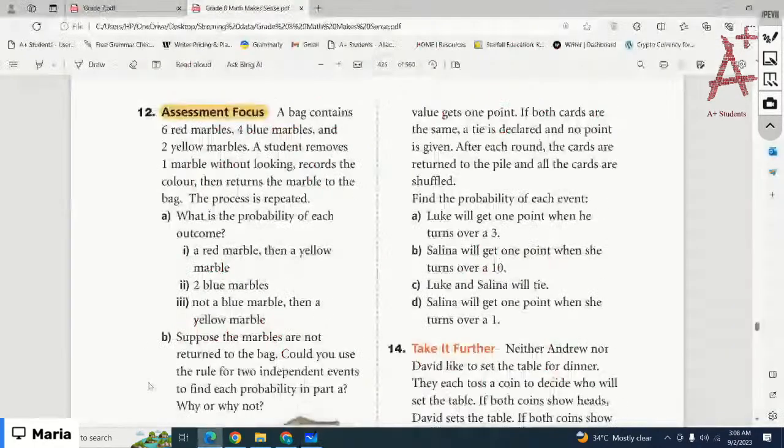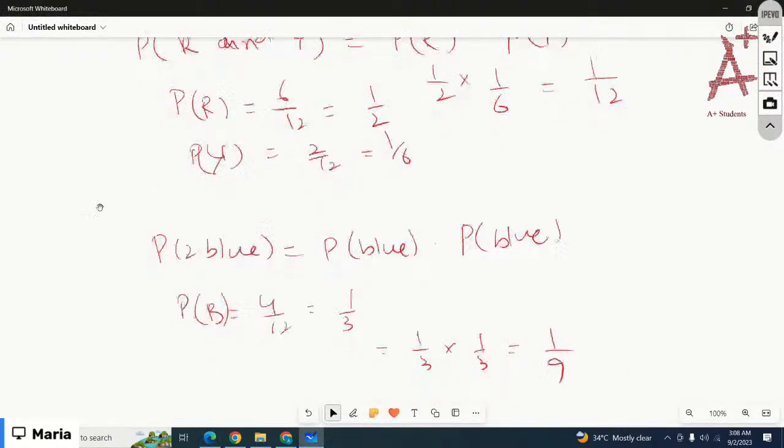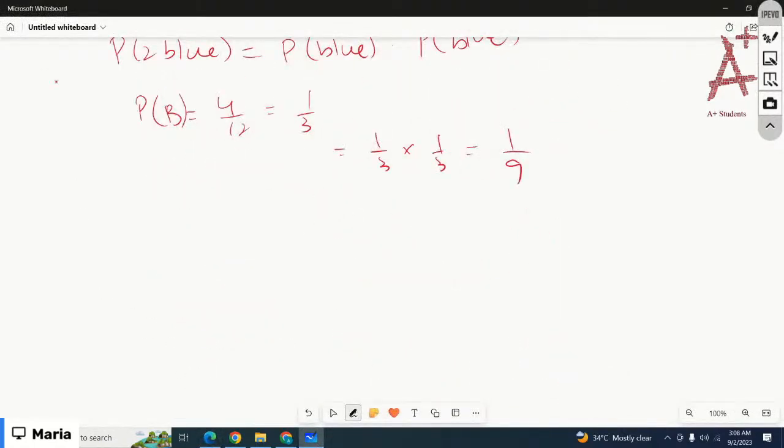Okay, the C part is not a blue marble, then a yellow marble. Not a blue means the other colors.